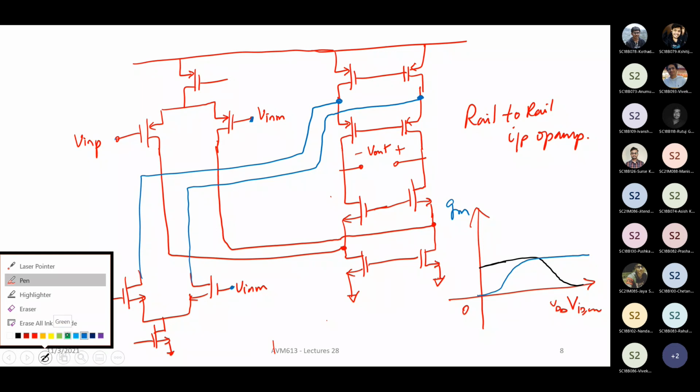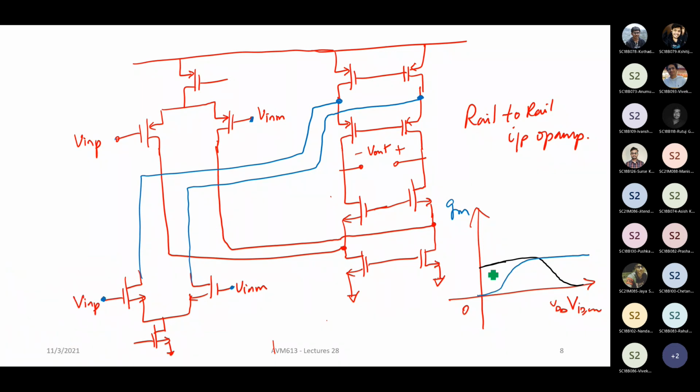Now, in the middle region, you go to GMN plus GMP, right? And then at the higher end, it goes to only GMN. Let us just assume that both the GMs are equal.